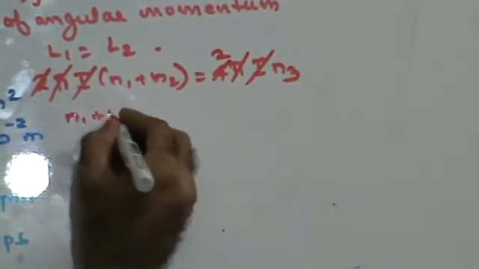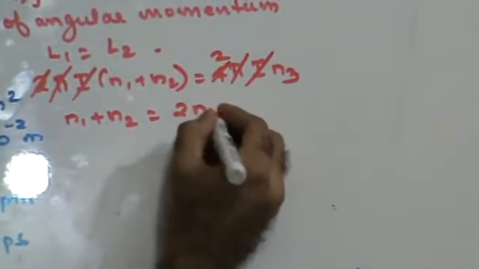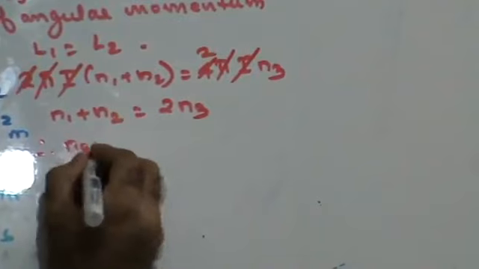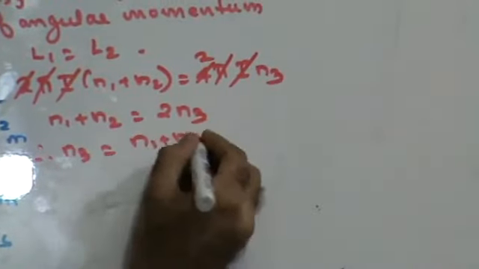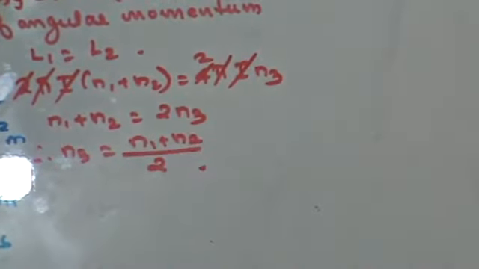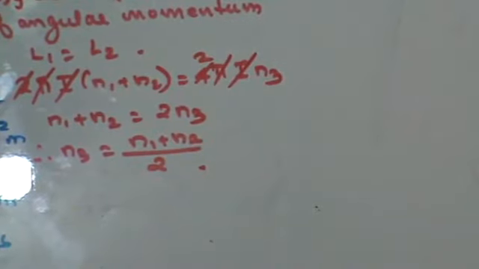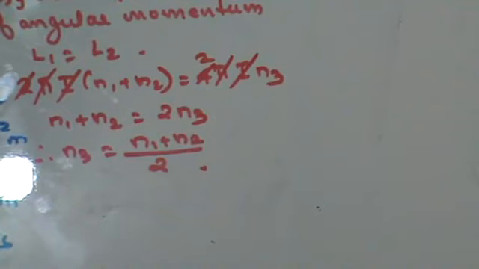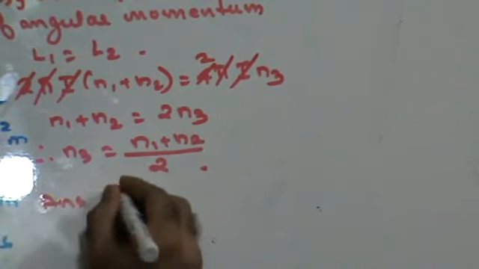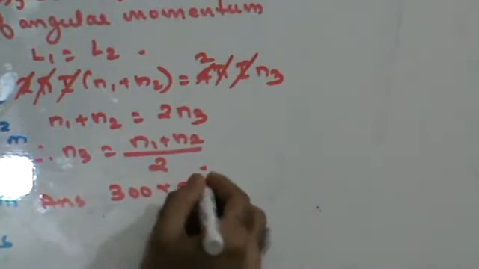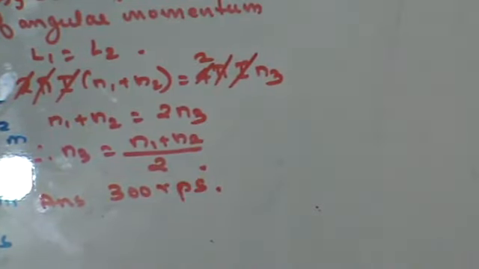So I'll get n1 plus n2 should be equal to twice n3. Therefore, n3 will be equal to n1 plus n2 upon 2. You have the value of n1, you have the value of n2, you should substitute and get the answer. The answer should be 300 RPS.